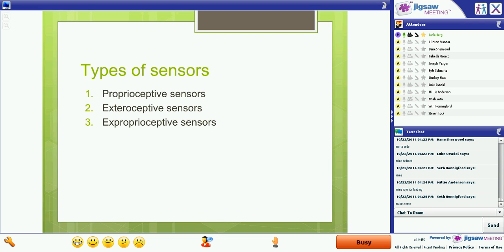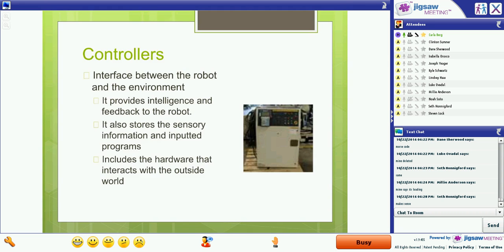These are three different types of sensors that hopefully we are going to have time to get into. But instead of getting into them first we're going to talk about the actual robotic components and different types of components. So the next part of a robot is the controller.